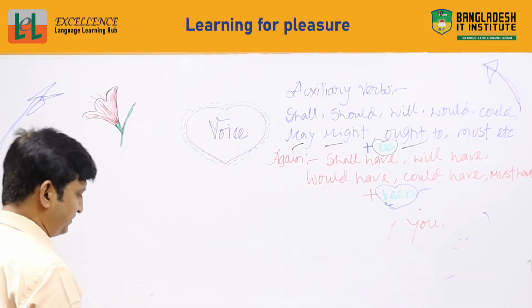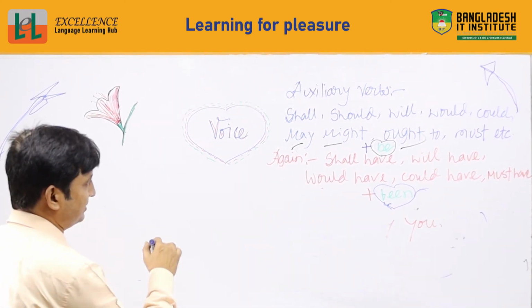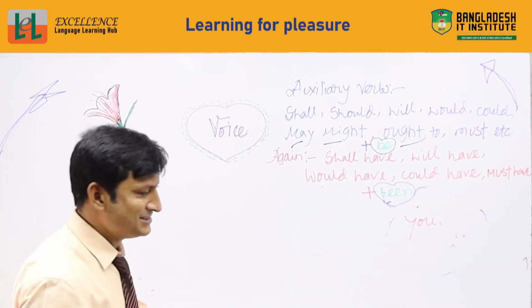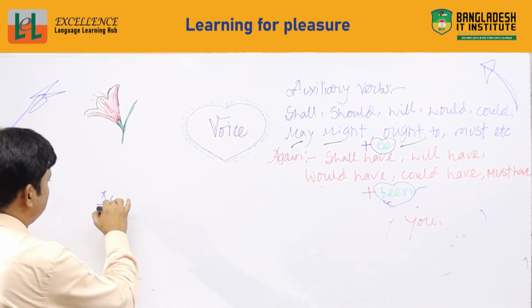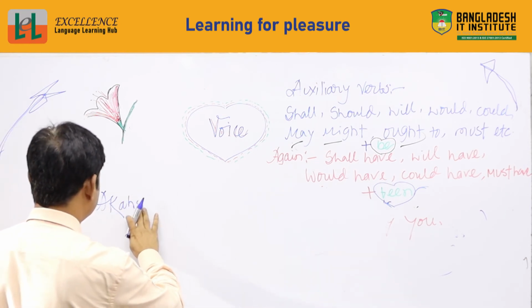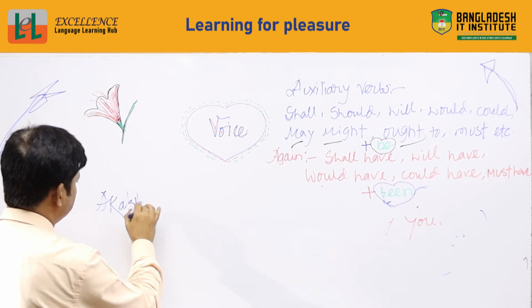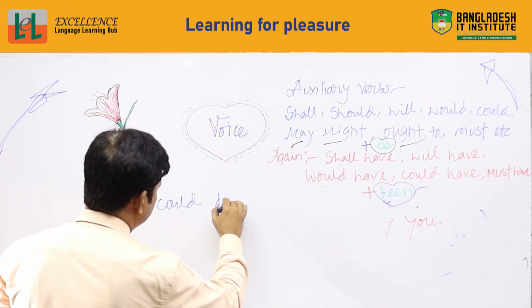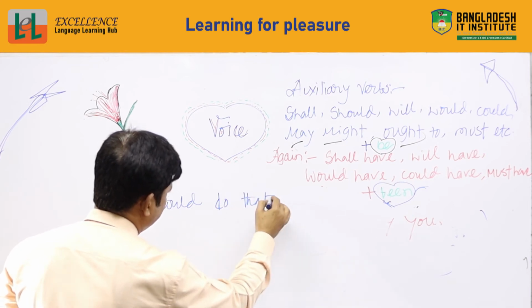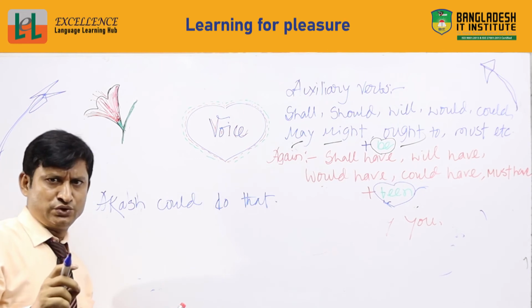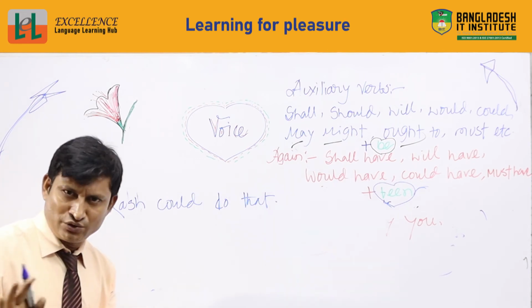I will give you an example because I have some people in front of me, those who are enjoying my class. Okay, so Akash could do that, means actually something he should or he could, but he couldn't actually.